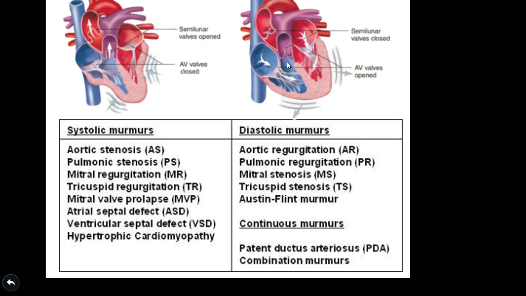Okay, so if there is a problem in the aortic valve, meaning during the diastole it should normally close, there is a lesion, and that happens, there is a backflow of blood from the aorta going back to the LV. This is aortic regurgitation.